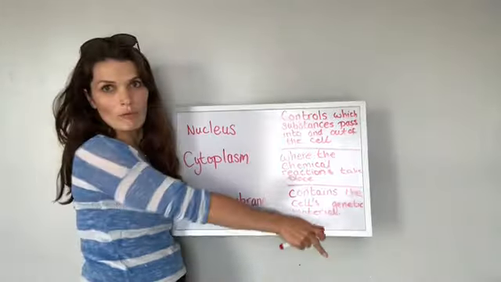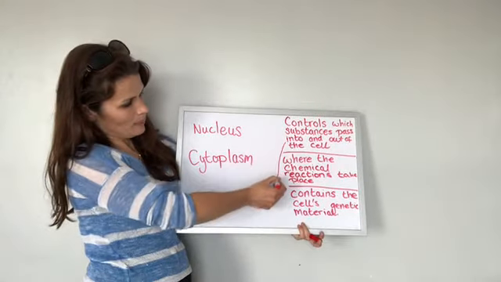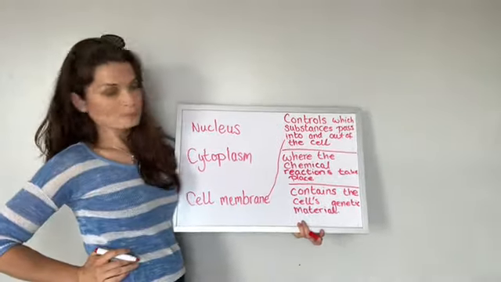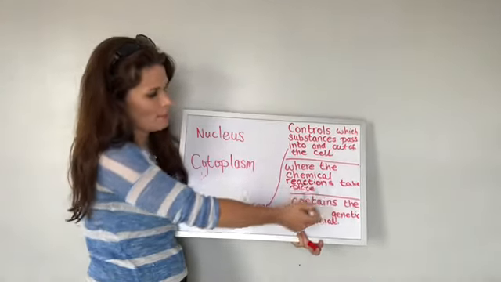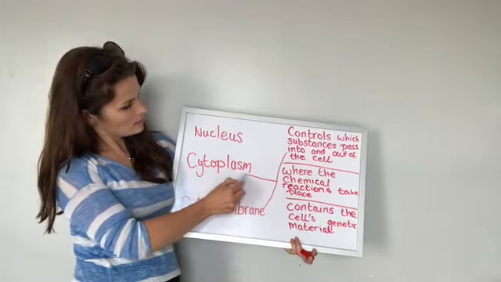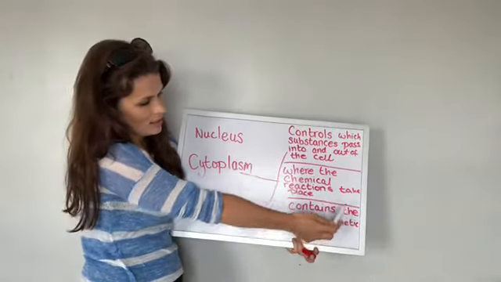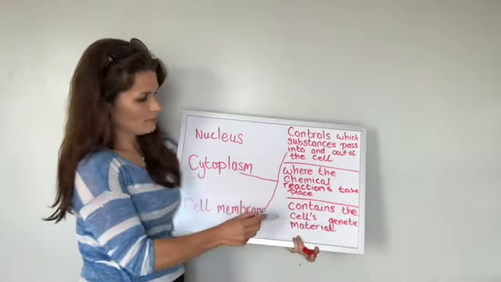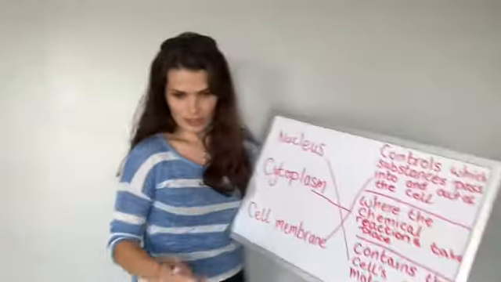What one do you think that one would go to? Cell membrane, where the chemical reactions take place. Cytoplasm contains the cell's genetic material, and that was the nucleus.